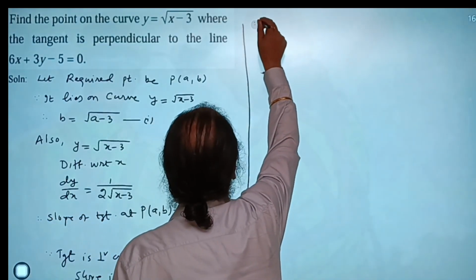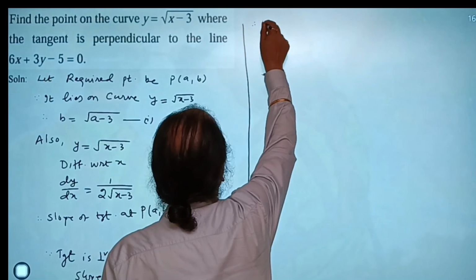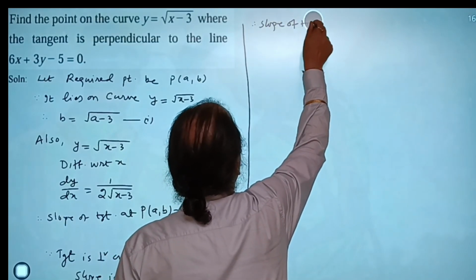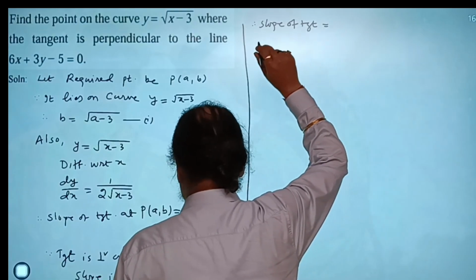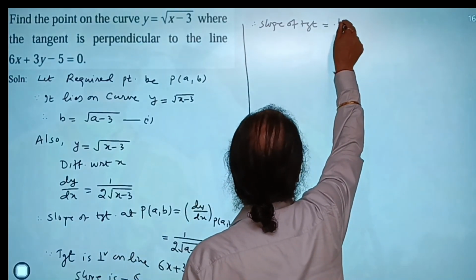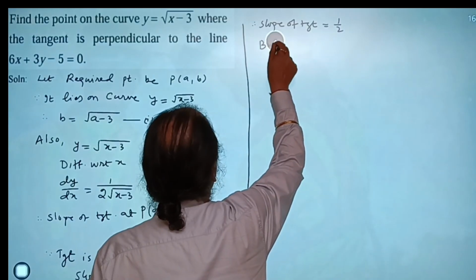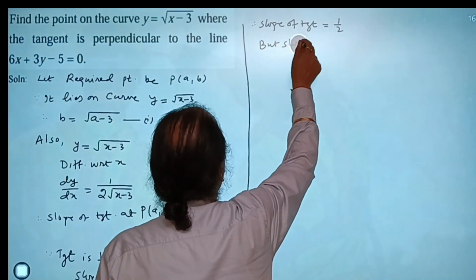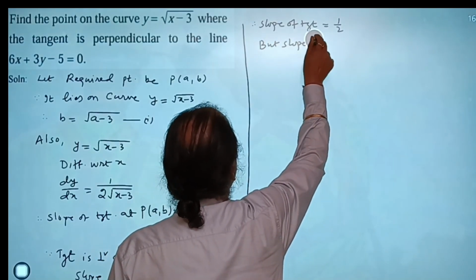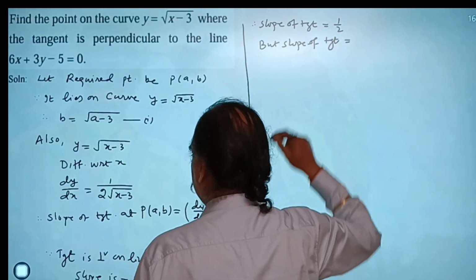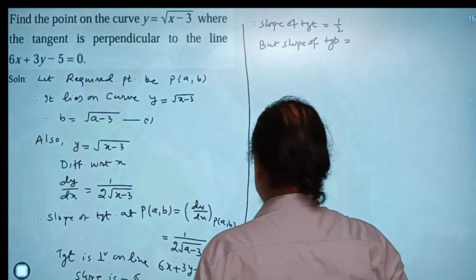Therefore, slope of tangent will be the negative reciprocal, 1 by 2. But slope of tangent is 1 upon 2 root a minus 3.